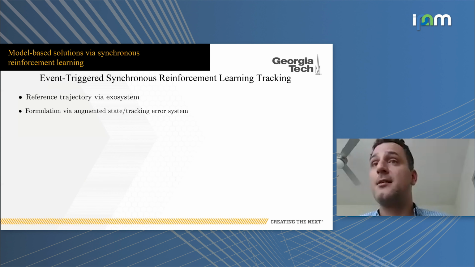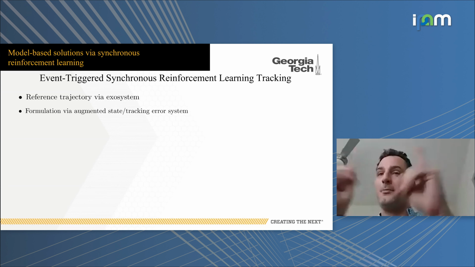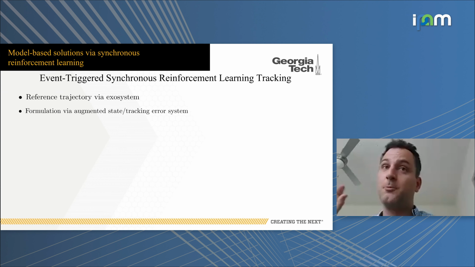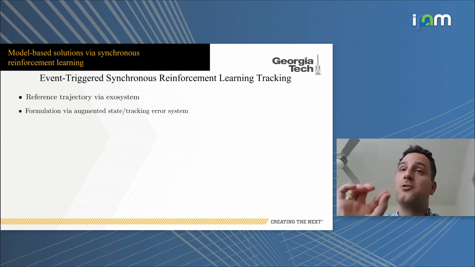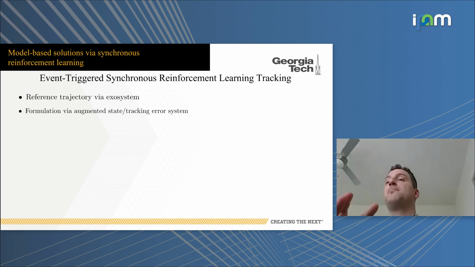People in the literature have found the desired control, the U_d, plugged it into the system, and checked how far their U is from the U desired. But we don't want to do that. We want to do it in one shot. We want to solve one Hamilton-Jacobi-Bellman equation, and this equation will guarantee optimality of the tracking controller.